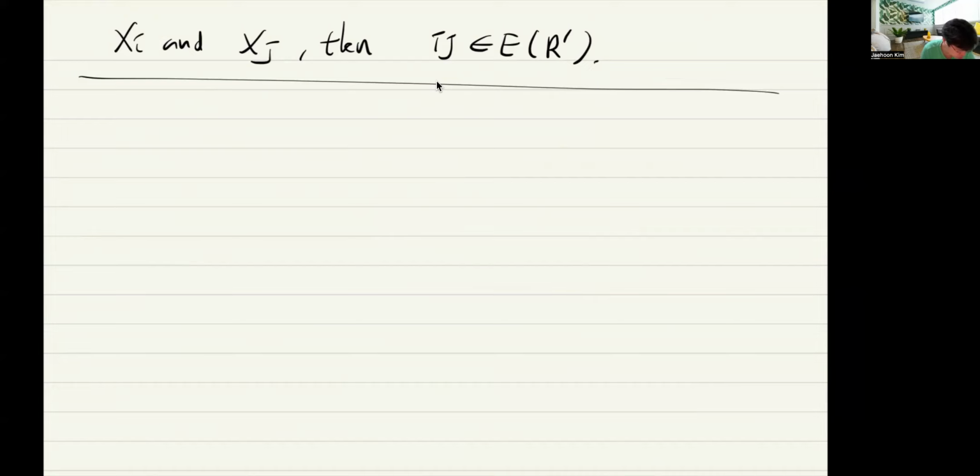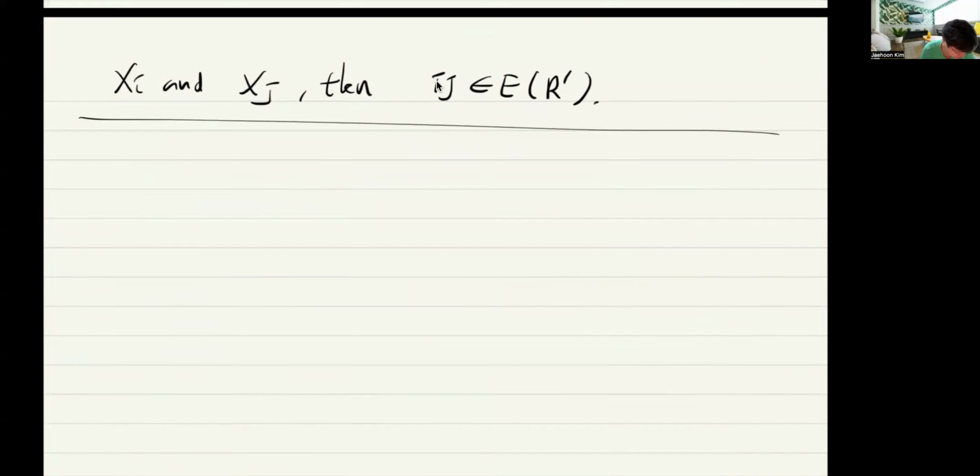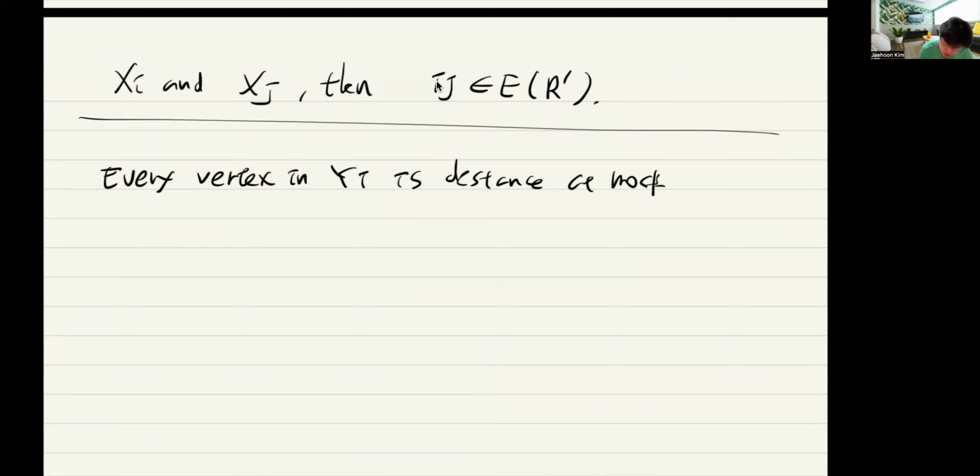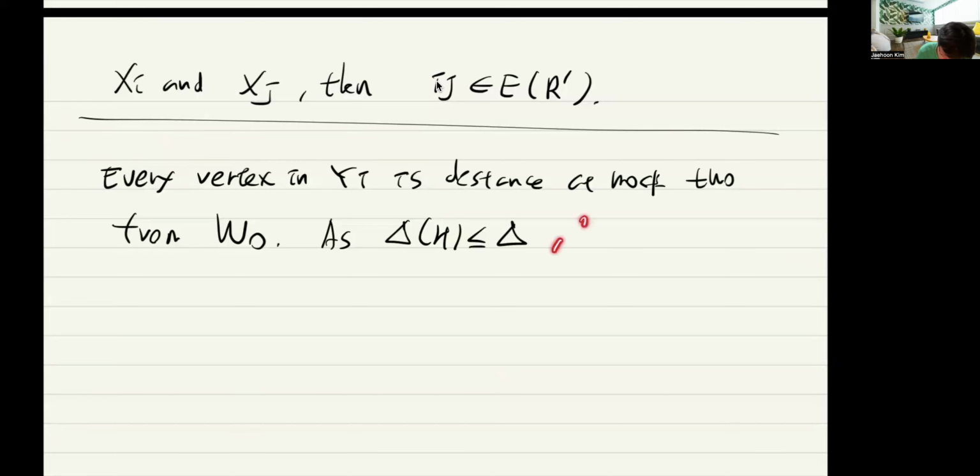What we know is that every vertex in Y_i is at distance at most 2 from W_0. We also know that the maximum degree of H is at most delta, and that W_0 has size at most eta n.